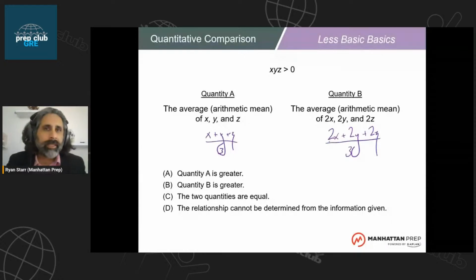And the inclination early on in quantitative comparison, especially when you have variables, of course, pretty exclusively when you have variables, is to just try to pick numbers for those variables, make up an x, y, and a z, right? That's something I'm going to call the numerical approach, or testing cases. All right, the numerical approach in quantitative comparison is usually testing cases, which is to say, you rarely want to pick just one set of numbers in quantitative comparison.